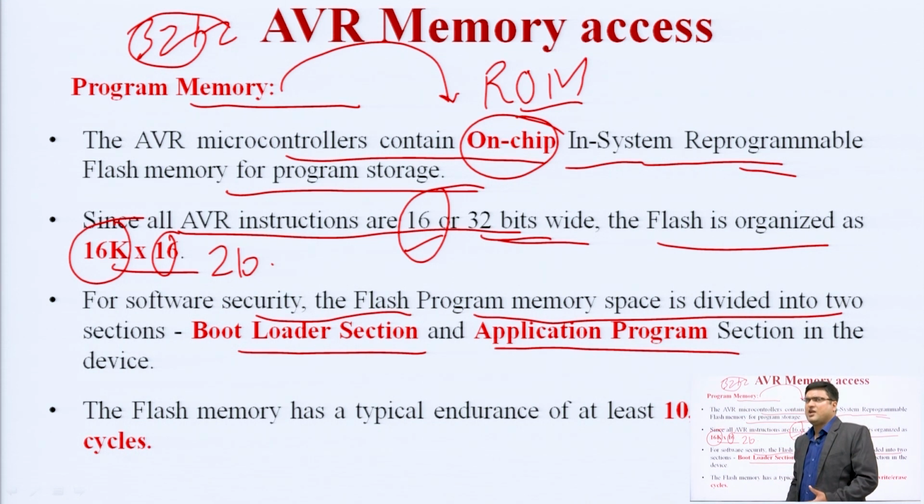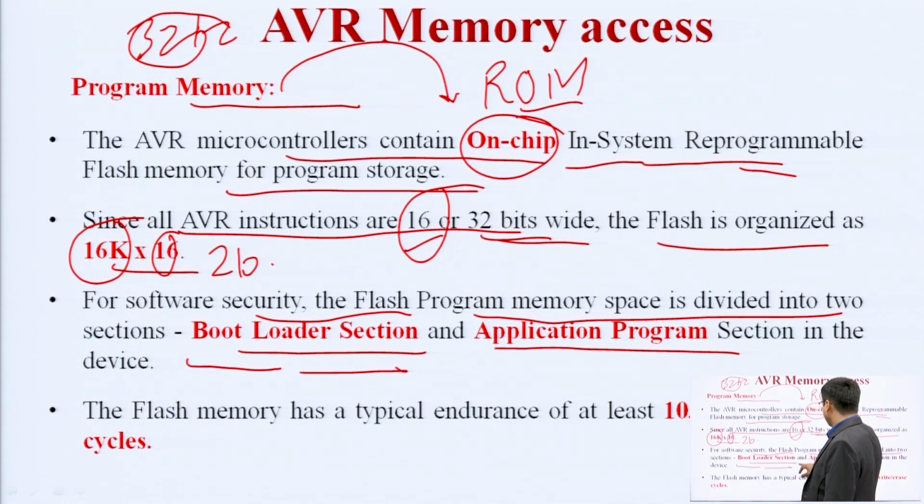Basically, when we switch on a particular microcontroller, the first memory which is activated is the bootloader section. It is not possible to read and write in each particular cycle, so this is available for a long time. This is the bootloader section and application program section in the device.